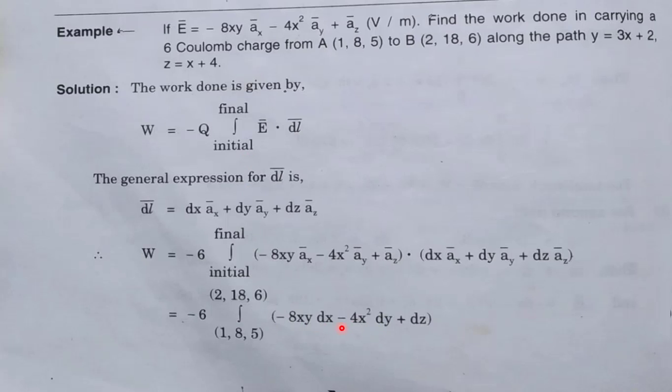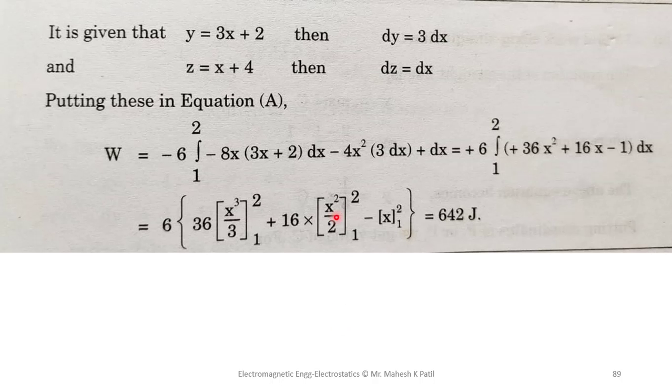So here all the variables are mentioned as x, y, z. Clear? So we'll write all the variables, that is x, y and z, in terms of x only. For that we'll take the help of this path. So we'll rewrite the equation as W is equal to minus 6 integration. Now put only x coordinate.